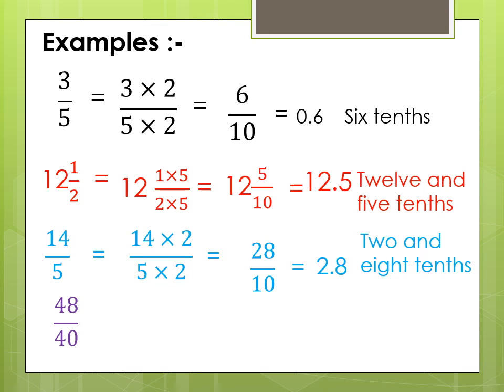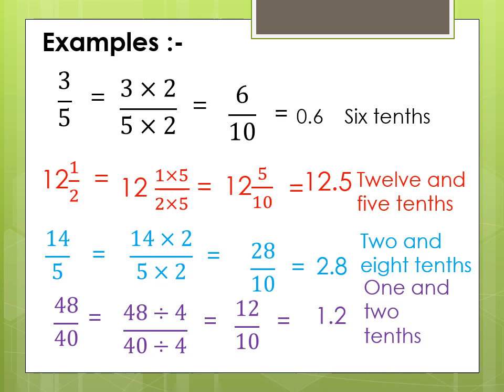And when we divide the denominator by 4, we must divide the numerator by 4. 40 divided by 4 equals 10 and 48 divided by 4 equals 12. How can I write it in decimal? I will put the point after the first digit from the right, so it will be 1.2, and in letters 1 and 2 tenths.